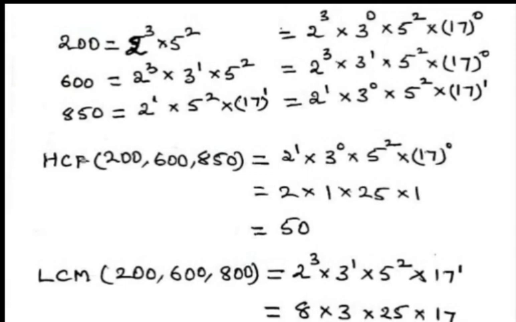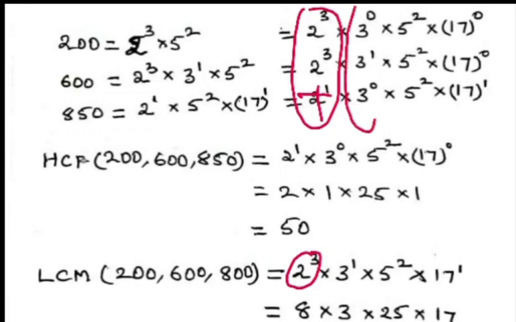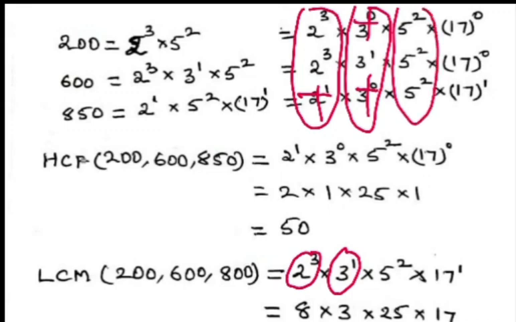Now we find the LCM. To find the LCM of the three numbers, we have to take the prime number with the highest power. The prime number with the highest power is considered, the others are not taken.